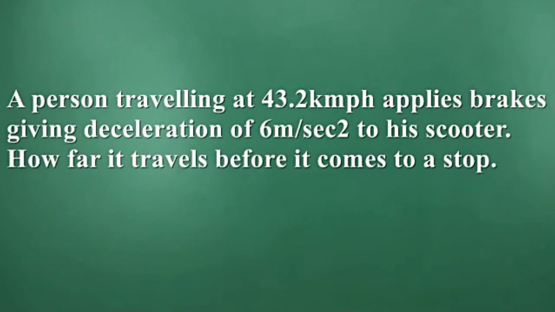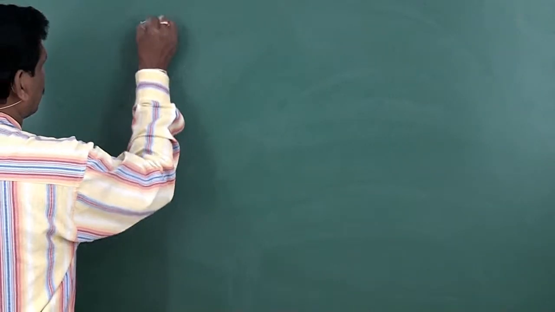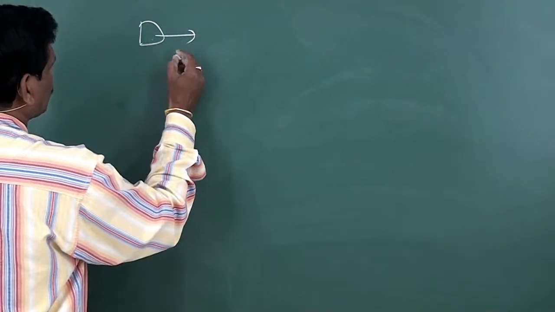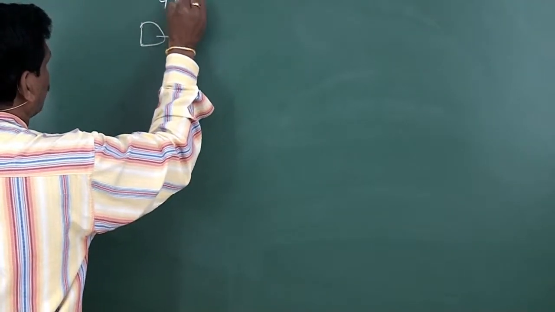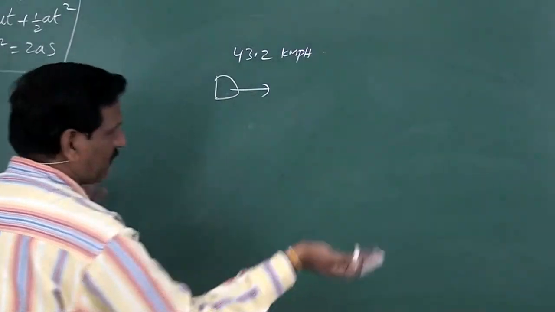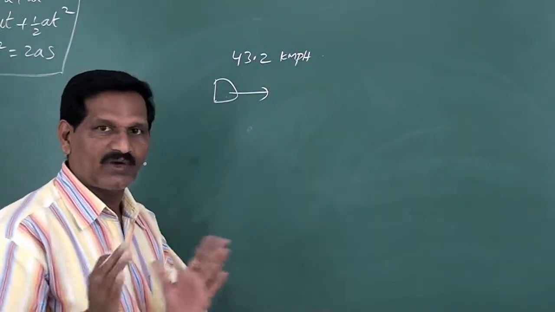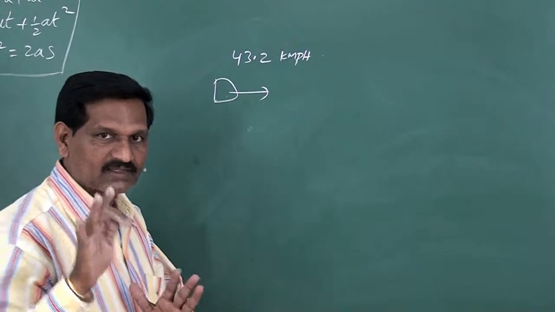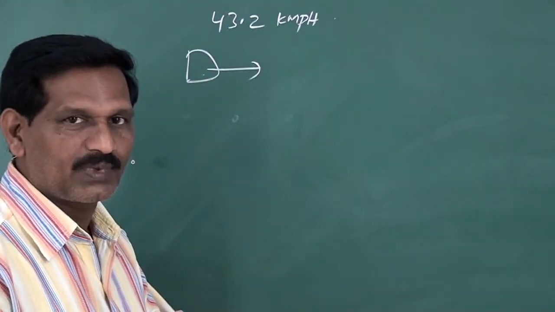So here the person is traveling at 43.2 kilometer per hour. This is the scooter, with a speed of 43.2 kilometer per hour. Brakes are applied. When brakes are applied to the scooter, what happens?